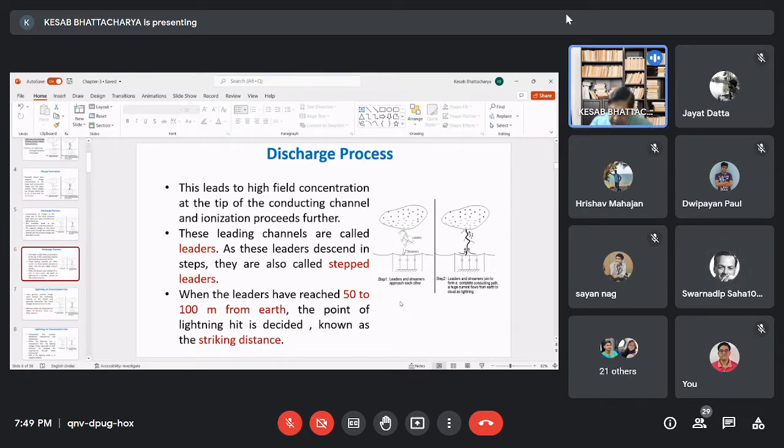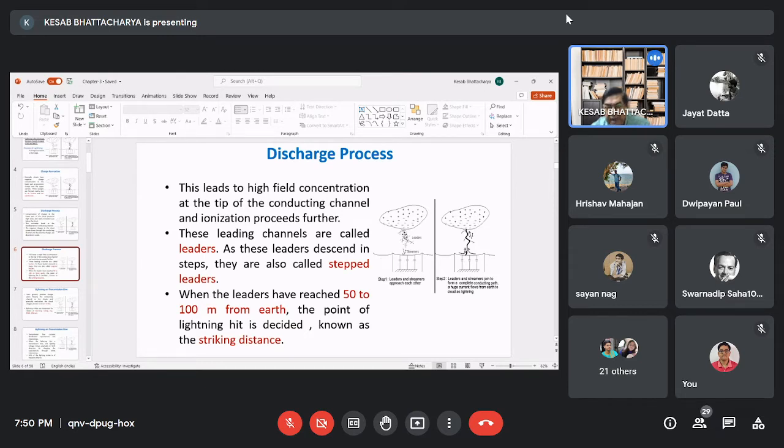Yes, striking distance means the negative charges from the lower part of the cloud start coming down through the conducting channels, that is, through the leaders.